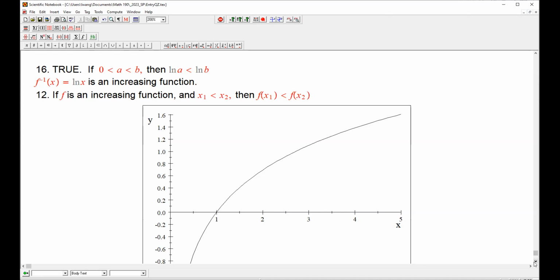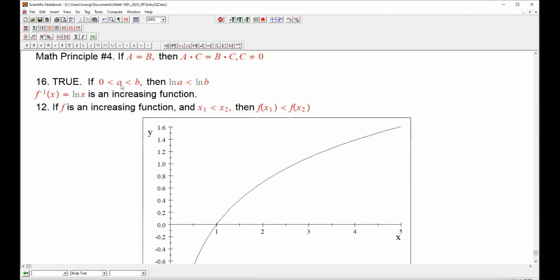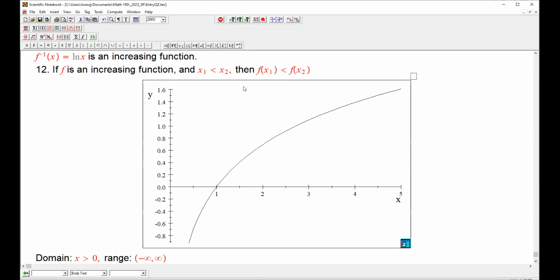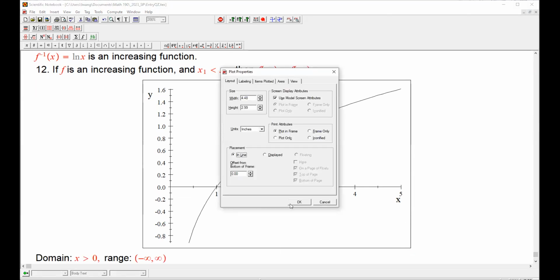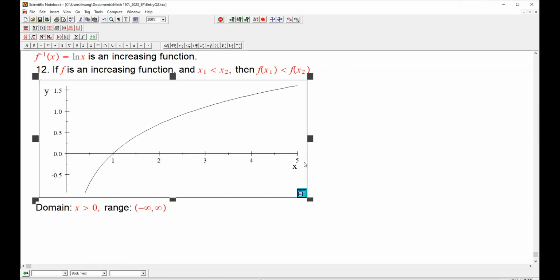Here a is x sub 1, b is x sub 2, and they are in the domain, and that's true. If you have more questions, please don't hesitate to reach out to me. I hope this explanation is enough. If it's not enough, let me know.